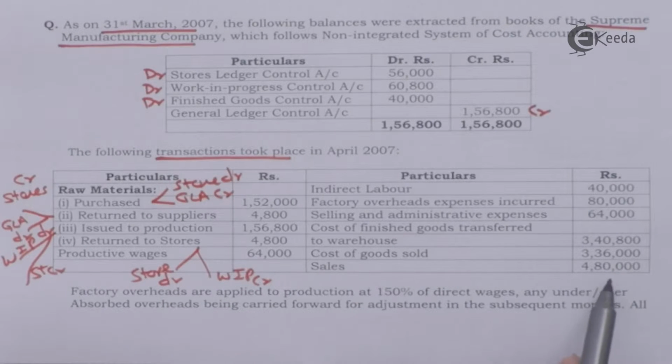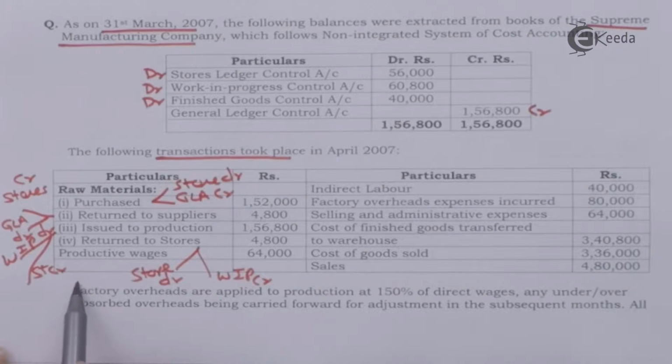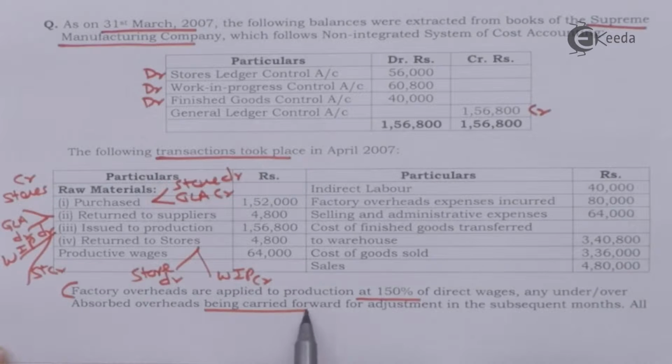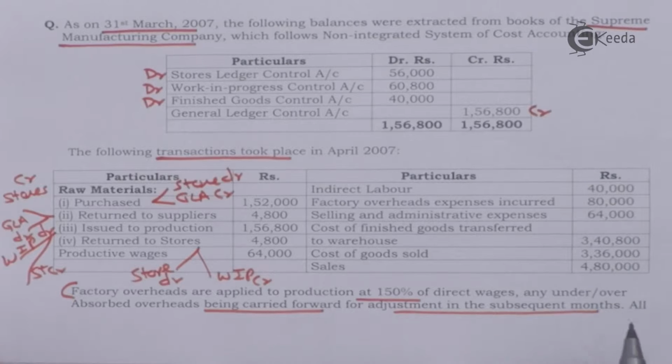Sales 4,80,000. Factory overheads are applied to production at 150% of direct wages. Any under or over absorbed overheads being carried forward for adjustment in subsequent months.